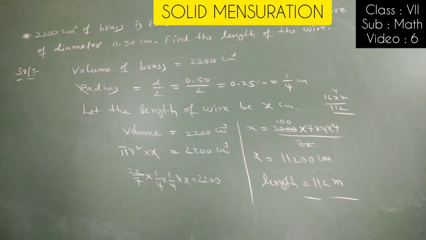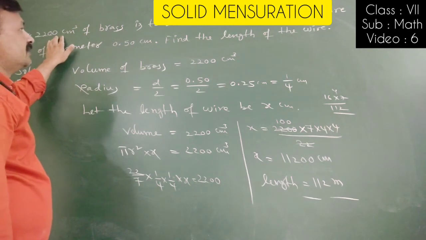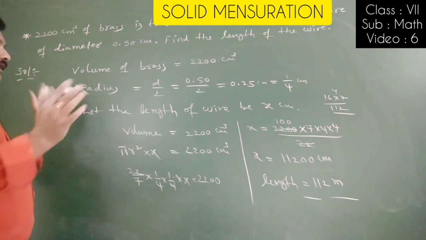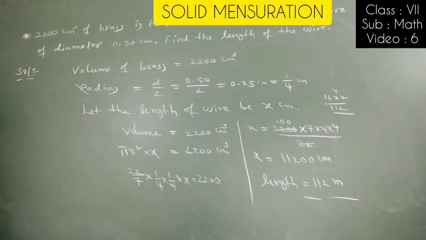Now once observe this one. Here 2200 centimeter cube of brass is drawn into a cylindrical wire. Here the lump sum of brass is given, so in terms of a solid shape, that is its volume. Then the diameter of the cylindrical shape is given, that is 0.5. We require radius, that is half of diameter, 0.25, which means 1 by 4. Then the length of wire is x, that is h here.